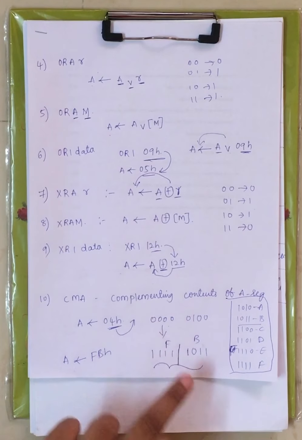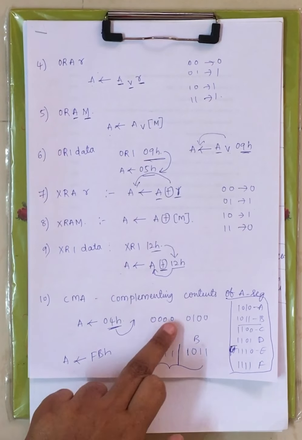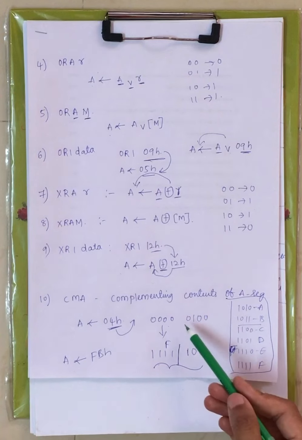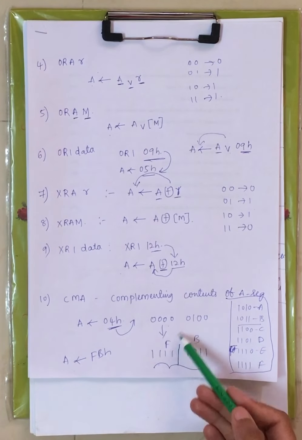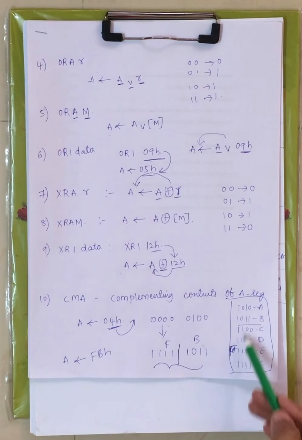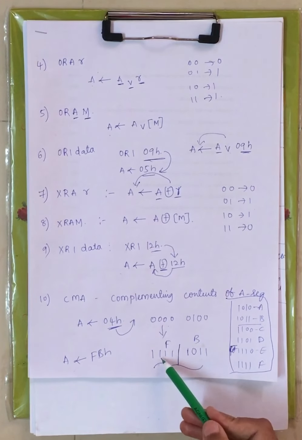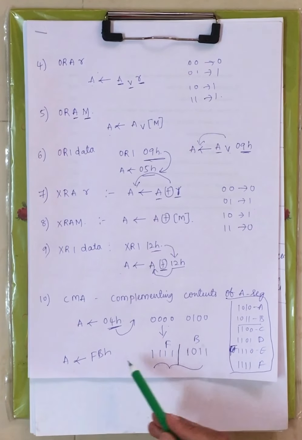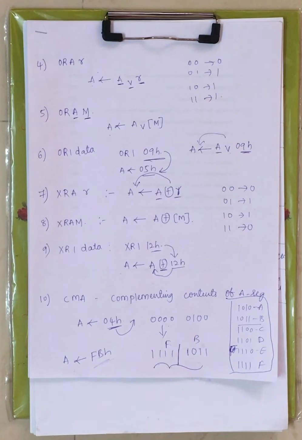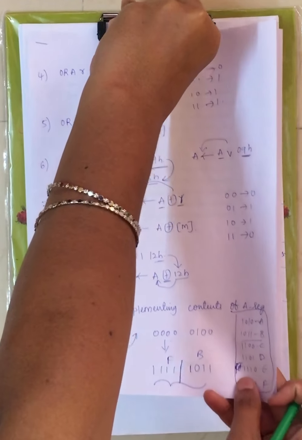Next, inverting or complementing: 0 will become 1, 1 will become 0. After complementing, you will get this data. This representation you have to remember: when it is all ones, F is the representation; 1011 is B. Now the final result is stored in the accumulator itself. This is about the 10th instruction.